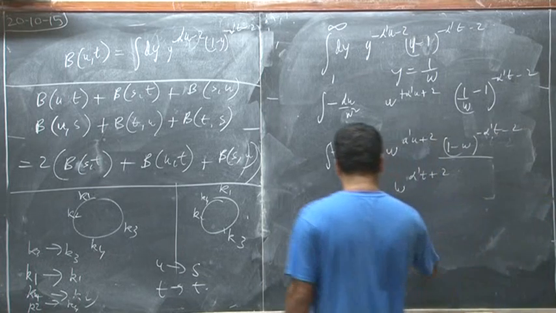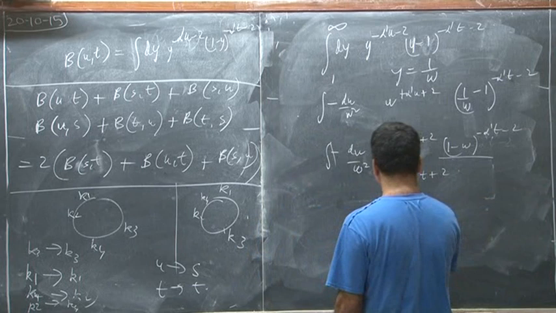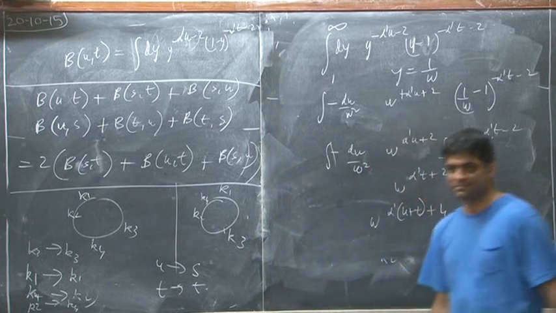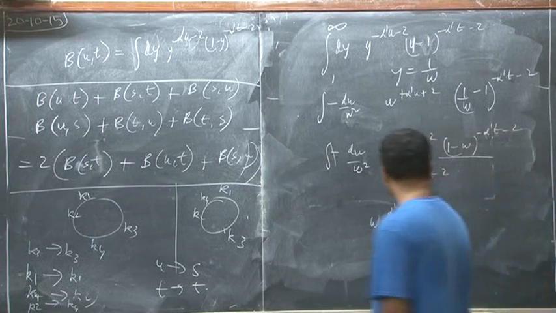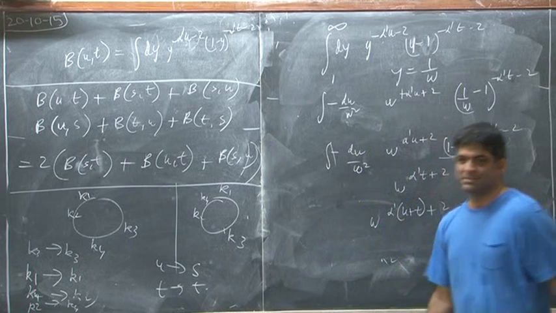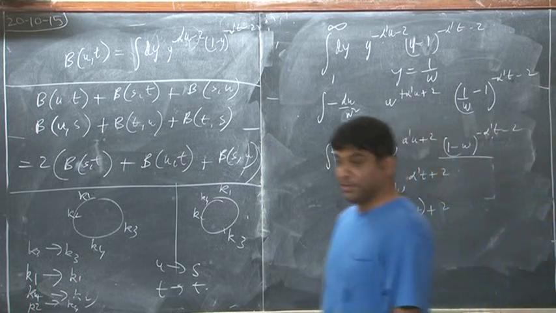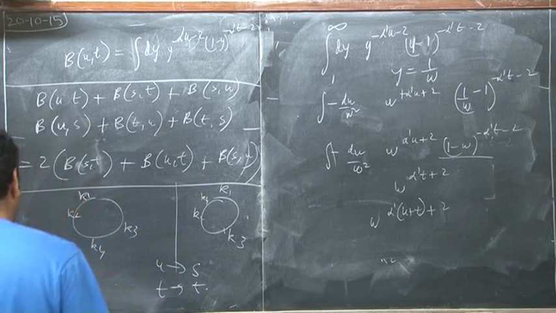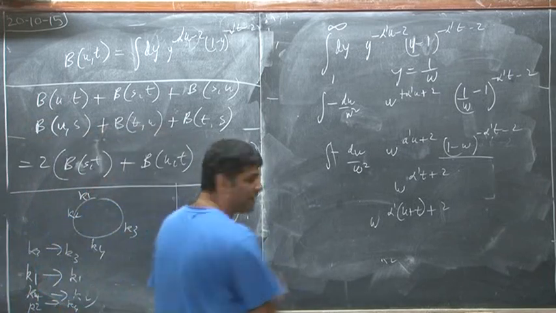So the power of w is w to the power alpha prime u plus t plus 4, minus 2 because of the w square, so plus 2. And then what do we know about s plus t plus u? S plus t plus u is equal to 4m square.